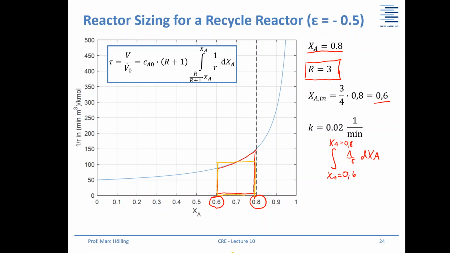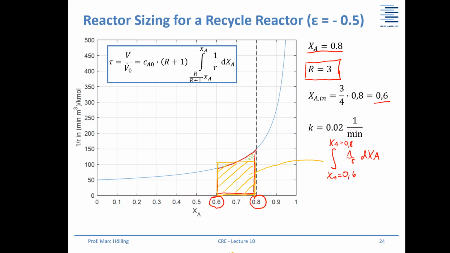What you have to do is make sure that the areas are the same size. So we have this small rectangle here, which should be almost the same size as this one. If you do this, then you have your rectangle.